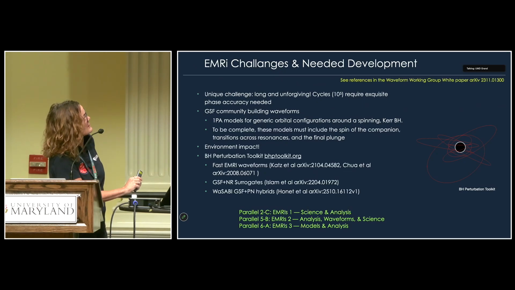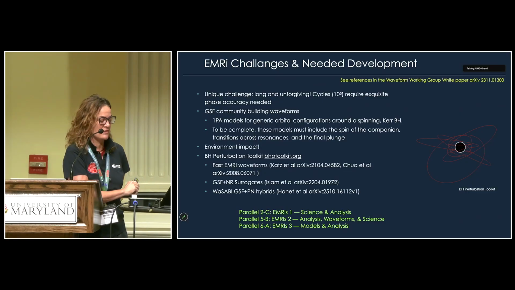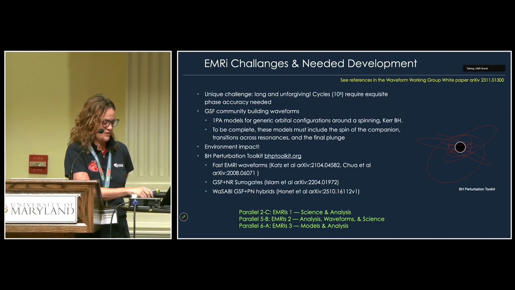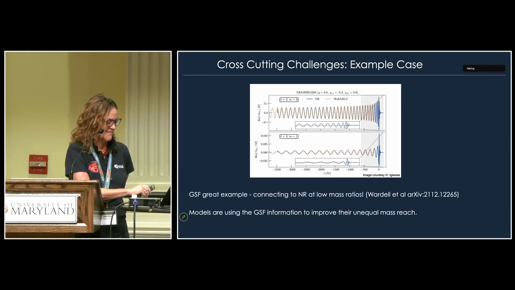We heard about Wasabi a second ago, that's the self-force PN hybrid. There are also some surrogates using the self-force plus NR, and then the fast ones I mentioned. Again, there's a ton of fun and exciting talks to happen in the past and future here, diving into the details of this challenge. I think it's going to be good. It'll be ready.